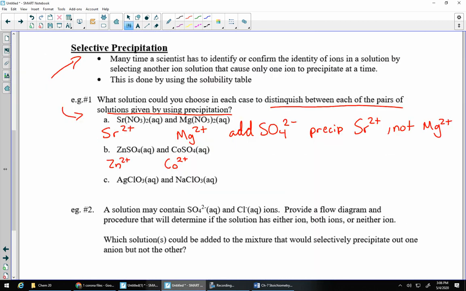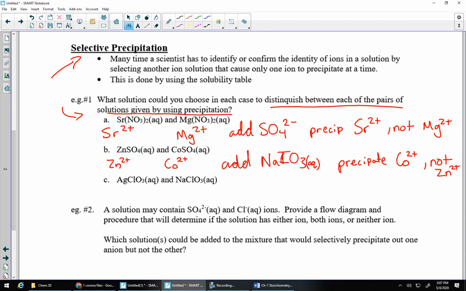So again, I might add, and I'm going to add my balancing act for this, IO3, obviously aqueous, and that's going to precipitate, let's see, I think it was the cobalt, but not the zinc. Cool, precipitates the cobalt, but not the zinc. Should we do one more? We might as well, I guess.